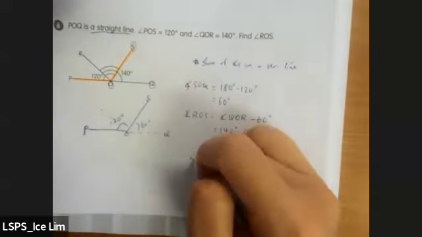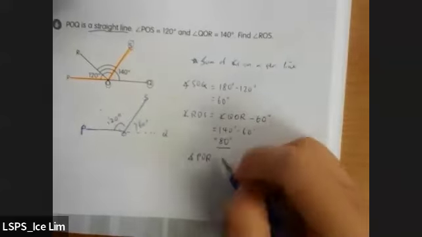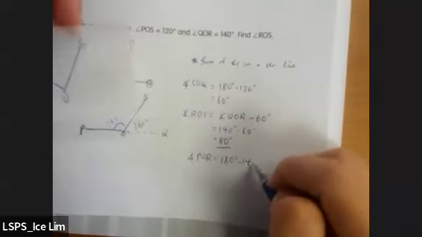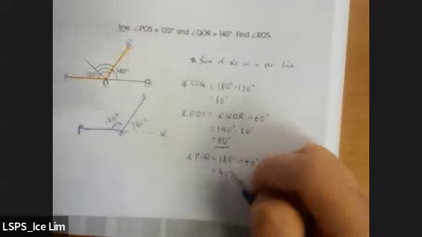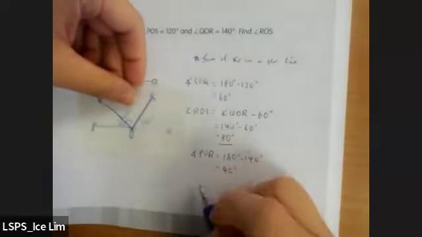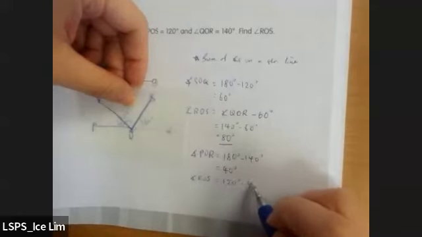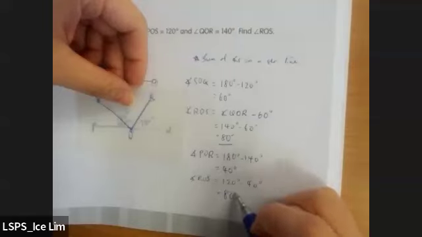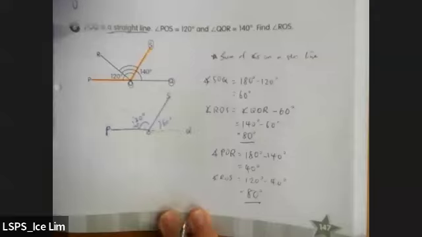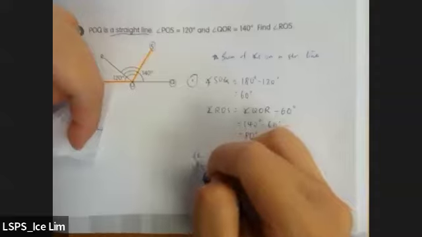Angle POR is equal to 180 minus 140, which is 40 degrees. So I chop away the 40 degrees here. Angle ROS is equal to 120 degrees minus 40 degrees, which is also 80 degrees. Same answer. So this is method 1, and this is method 2.